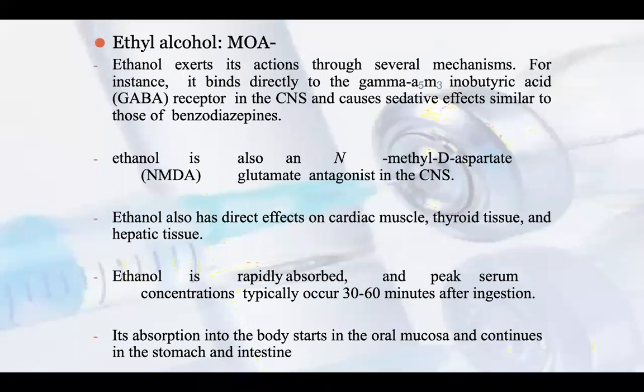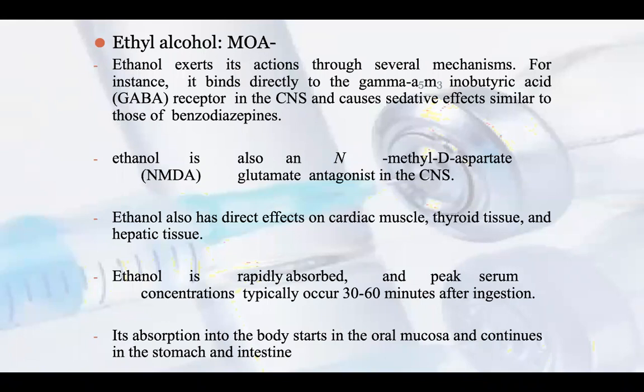Now, ethyl alcohol and monoamine oxidase inhibitors. Ethanol exerts its action through several mechanisms. For instance, it binds directly to the gamma-aminobutyric acid receptor in the CNS and causes sedative effects similar to those of benzodiazepines. Ethanol is also an N-methyl-D-aspartate glutamate antagonist in the CNS.